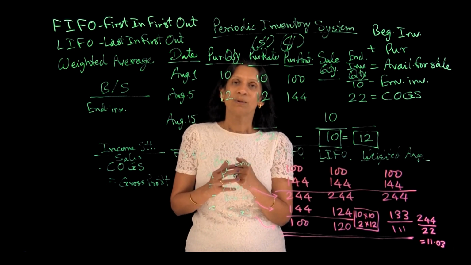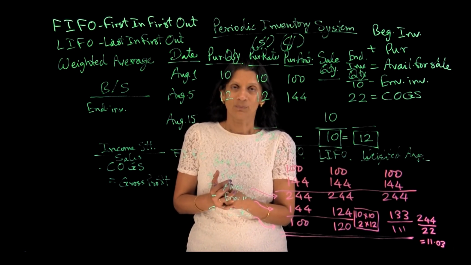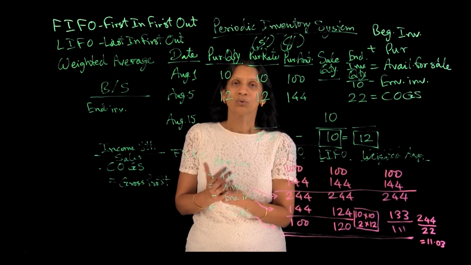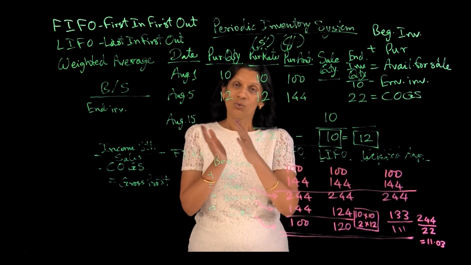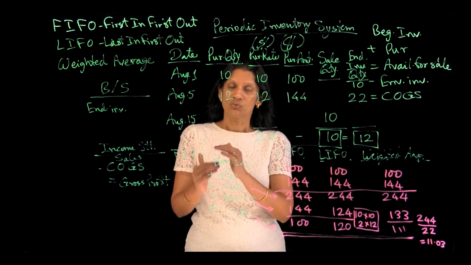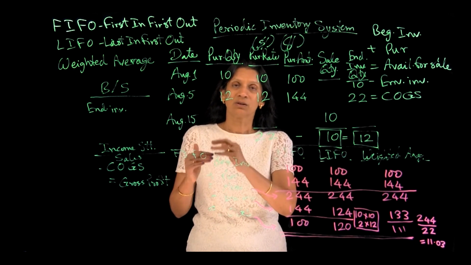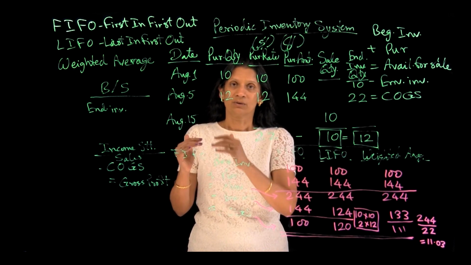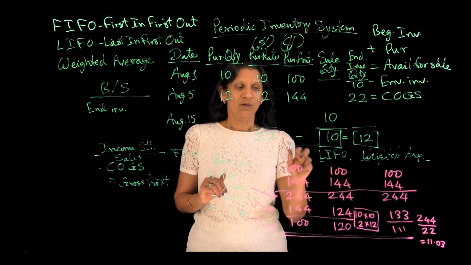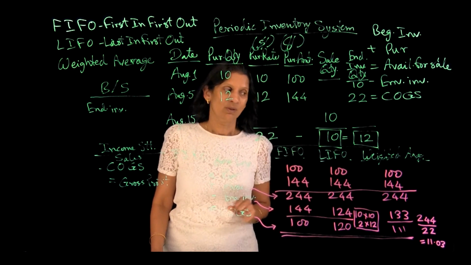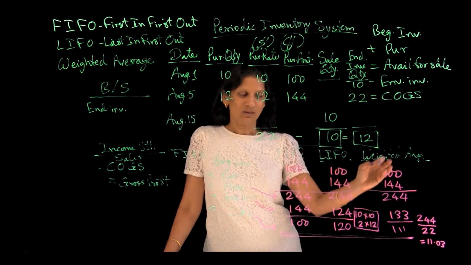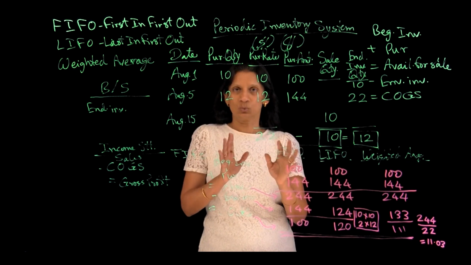So it all depends on the owner of the company as to which assumption to follow, whether to follow the assumption which follows the physical inventory flow or to follow the assumption which is in reverse, going in the opposite direction of the physical flow of the inventory. Depending on that, the different methods will be used. And as you can see, the weighted average method is something in between the two.